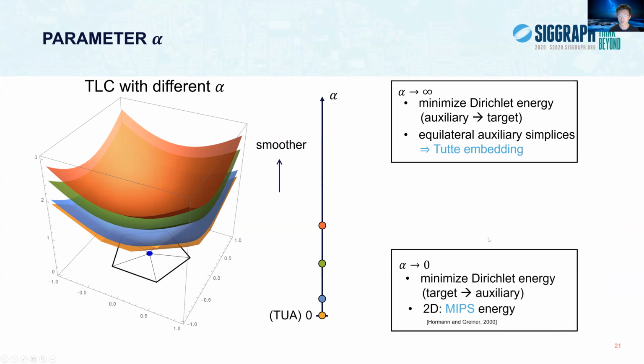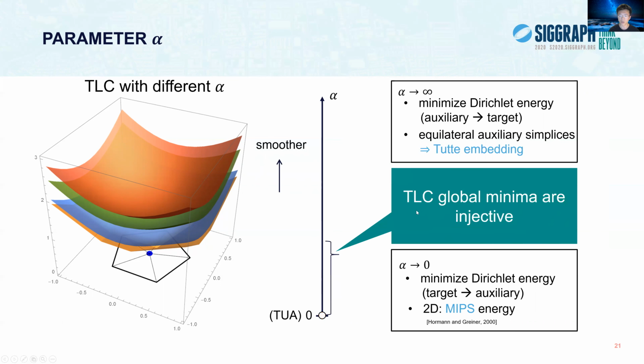On the other hand, when alpha goes to 0, we proved the minimizer of TLC also minimizes Dirichlet energy, but this time from the target simplices to the auxiliary simplices. In 2D, this energy is actually known as the MIPS energy.